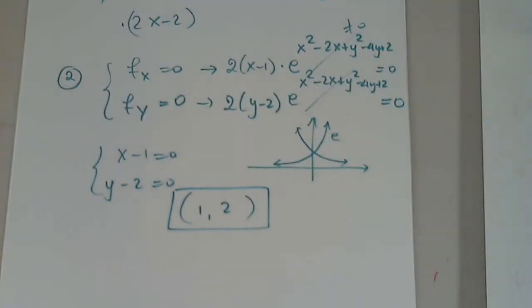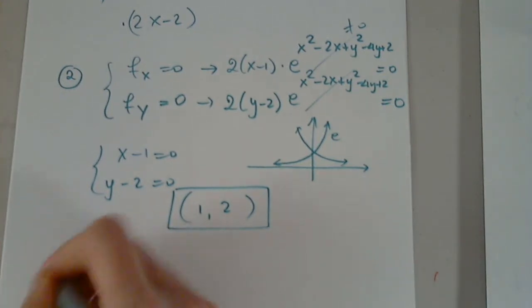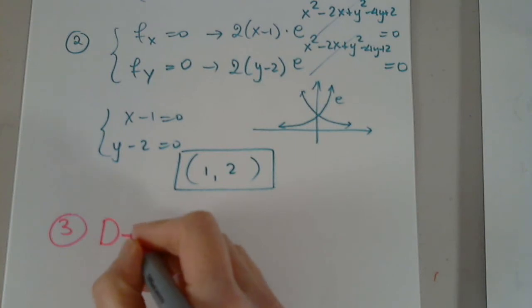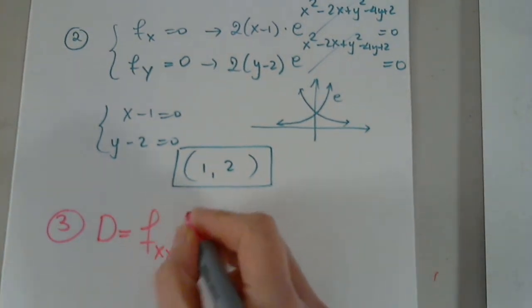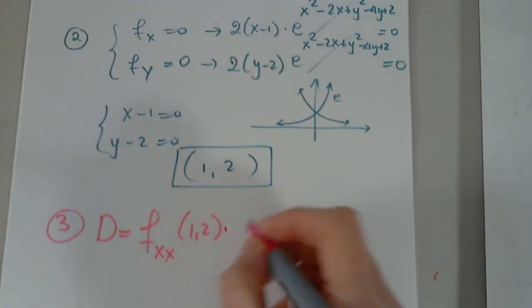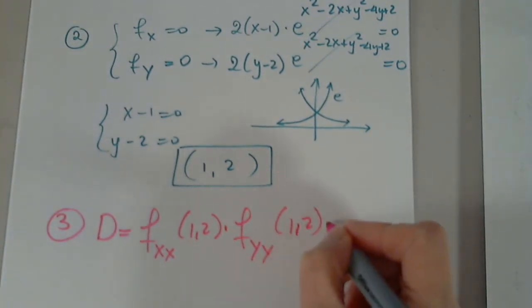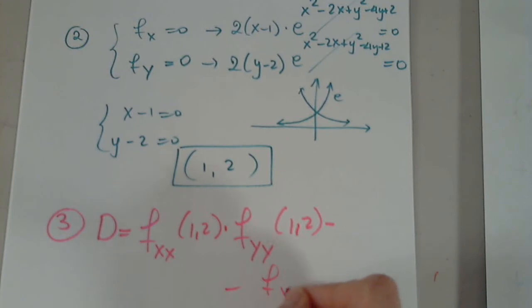Okay. Moving on with step 3. In step 3, we have to determine D. And remember, D is fxx at 1, 2 multiplied by fyy at 1, 2 minus fxy at 1, 2 squared.